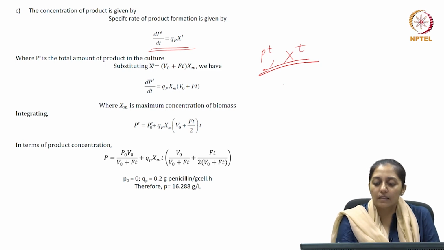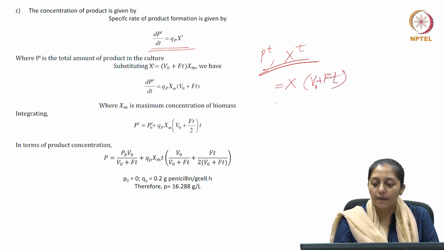Xt is nothing but the biomass concentration multiplied by the volume at that time t, and this biomass concentration for the pseudo steady state with nearly substrate concentration as 0 means it is the maximum biomass concentration.